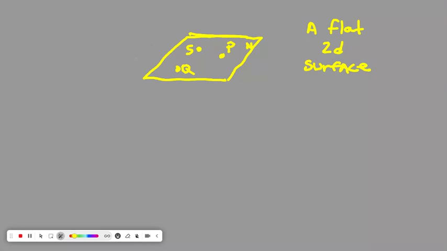So this is plane N. Just plane N. You can name this plane based on the points. We can call this plane N, or we can call it plane QSP because those are points on the plane. Okay, we'll talk about more terms on the next video.